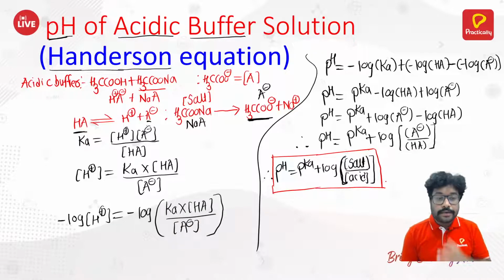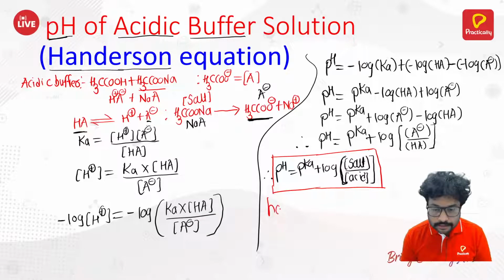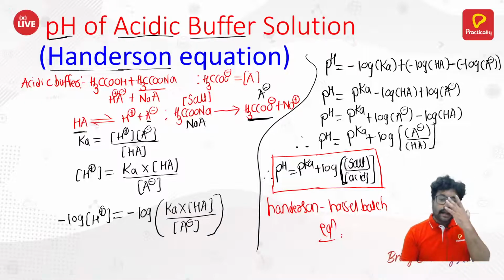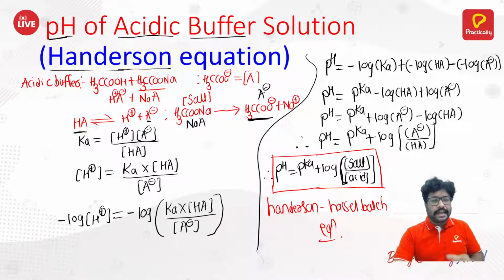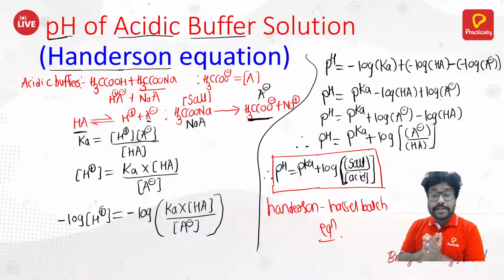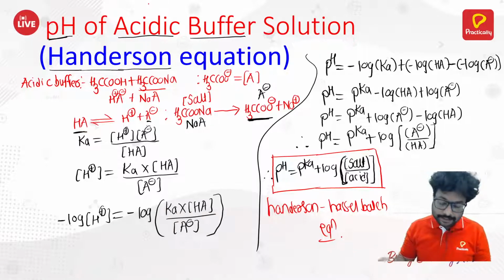So this is called the Henderson-Hasselbalch equation. Basically, pH of an acidic buffer is equal to pKa plus log of salt upon acid. It is as simple as that.